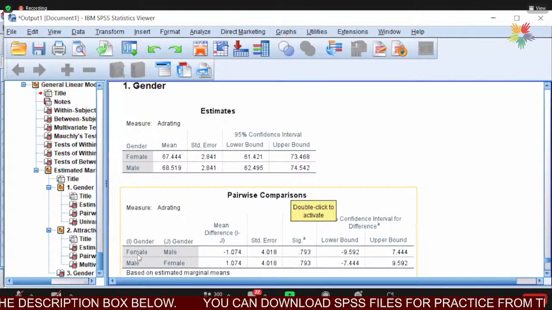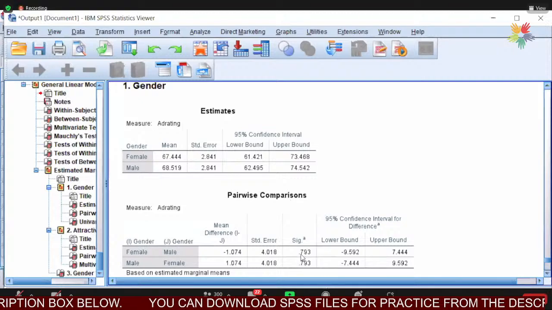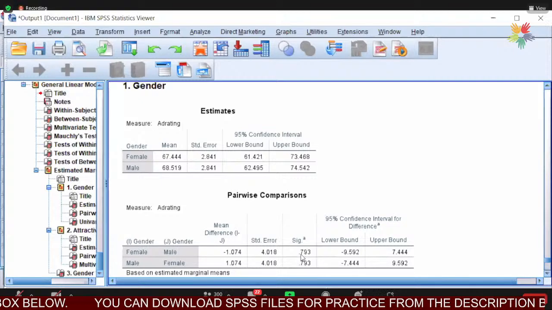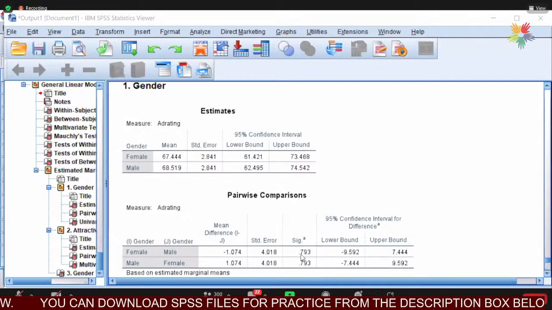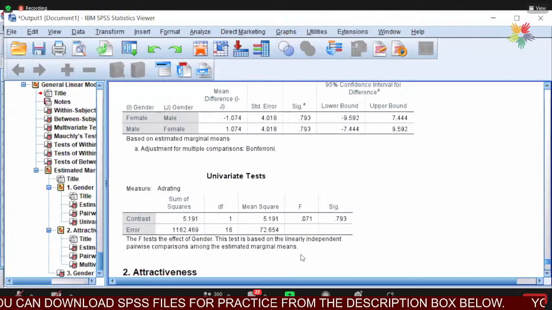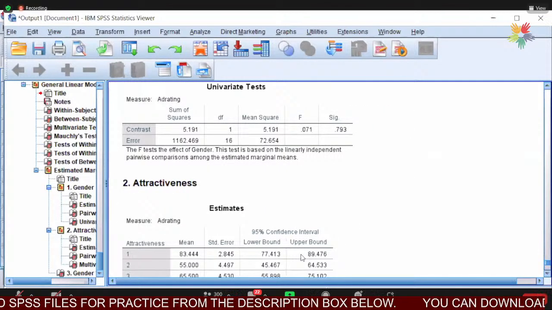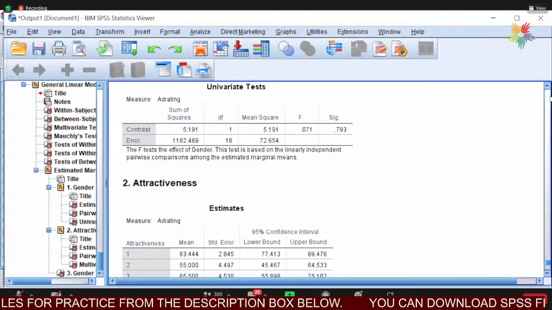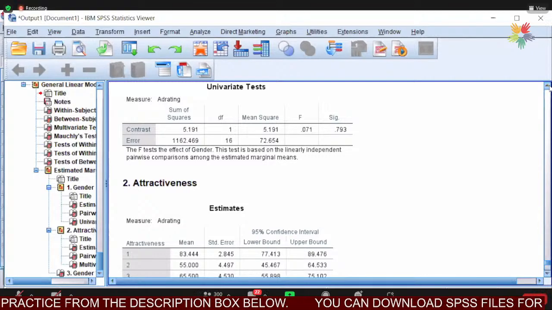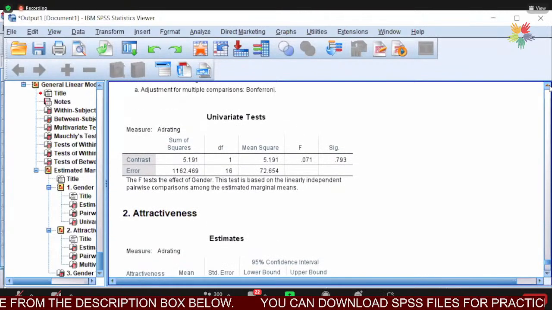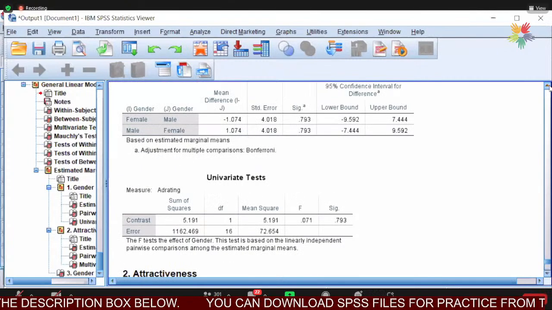So when you take all ratings together, for example the overall score, there is no difference between male and female overall. Probably in one, male might have given more, in another, female might have given more, we do not know. But when taken overall, there is no difference between male and female.